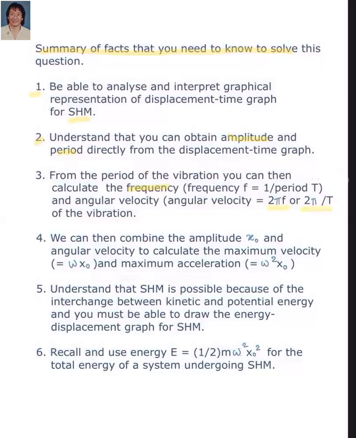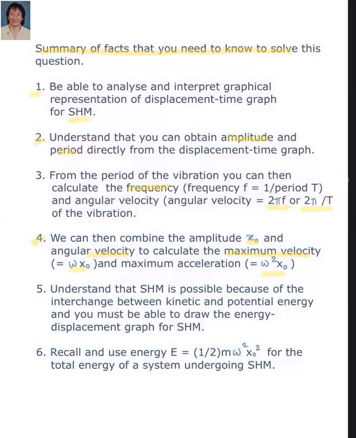Number four, we can combine the amplitude x0 and the angular velocity omega to calculate the maximum velocity and the maximum acceleration. The formula for maximum velocity is omega times x0, and the formula for maximum acceleration is omega squared times x0.